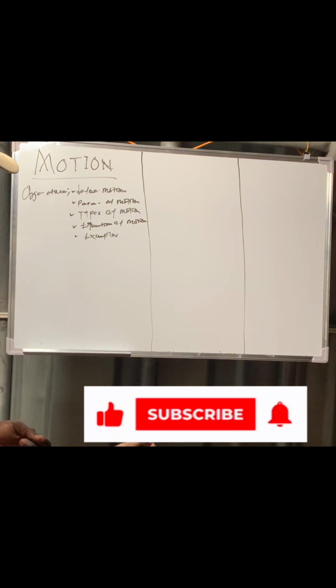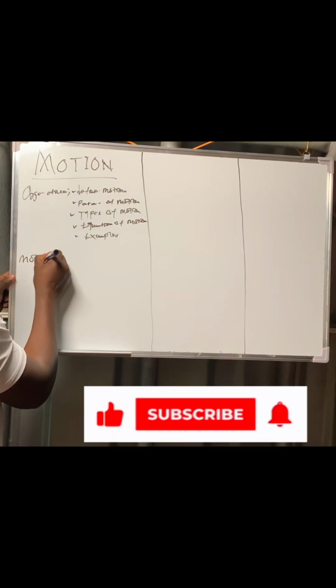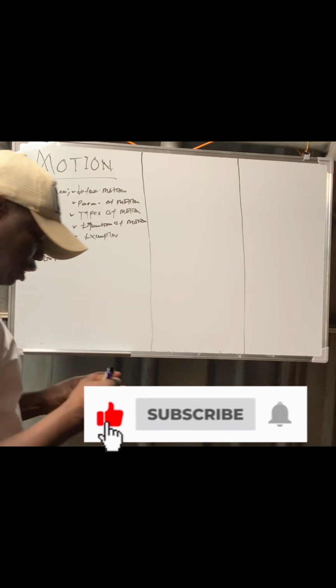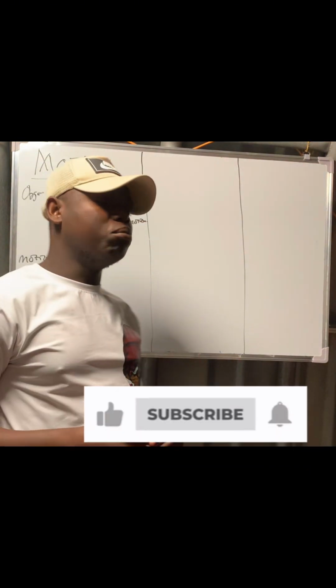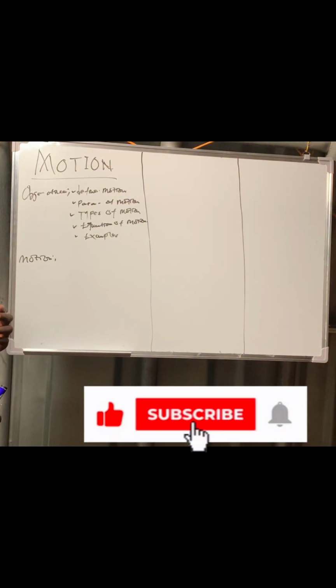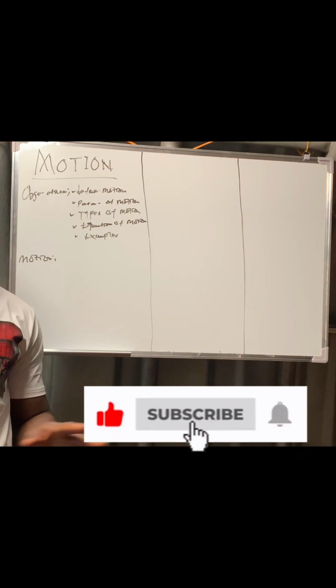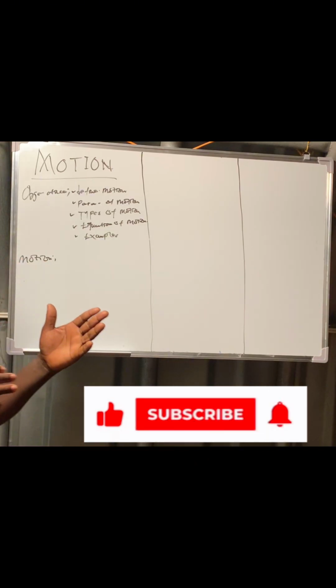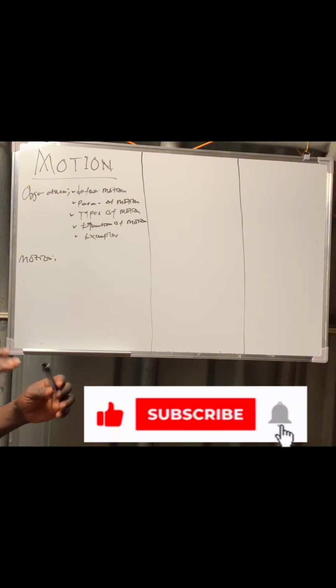Some basic examples. So now, if I say motion, what is motion? In the comment section, just write and define in your own way how you understand motion, but I'll explain to you what motion is. Motion is the change in position of an object with respect to time.